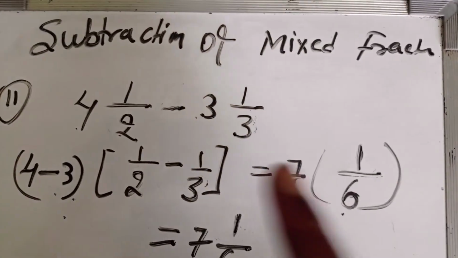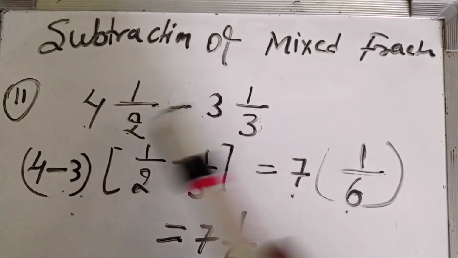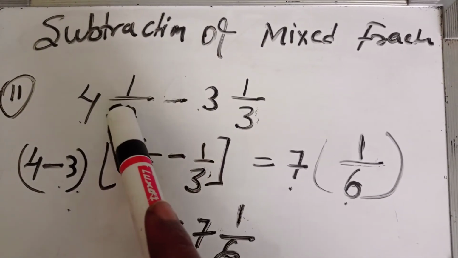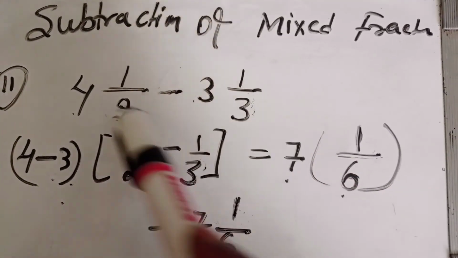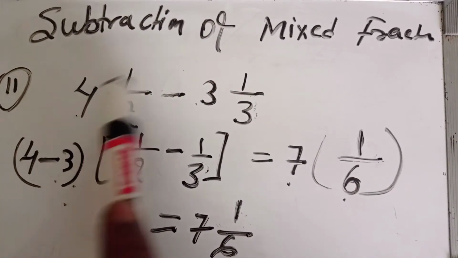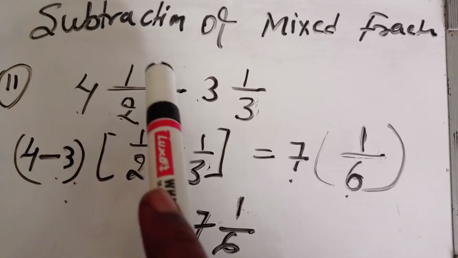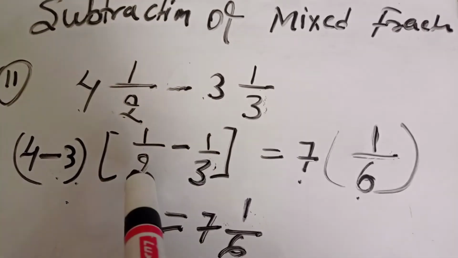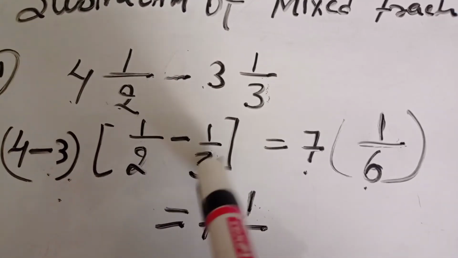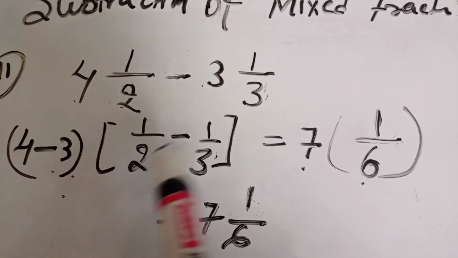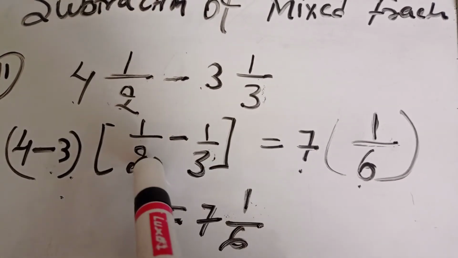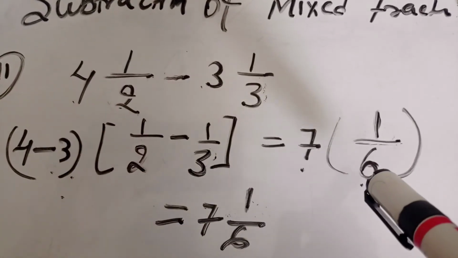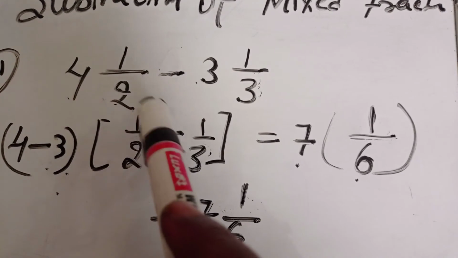Now suppose there is a subtraction of mixed fractions. We take an example of 4 1/2 and 3 1/3. First subtract the whole numbers 4 minus 3, and the fraction part 1/2 minus 1/3. We take the LCM of 2 and 3, that is 6, and we divide 6 by 2, we get 3.